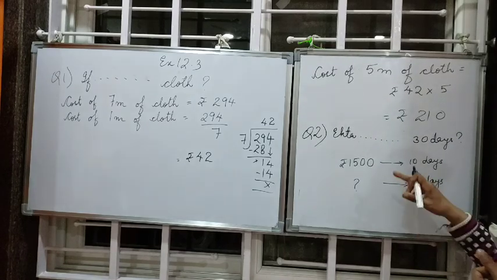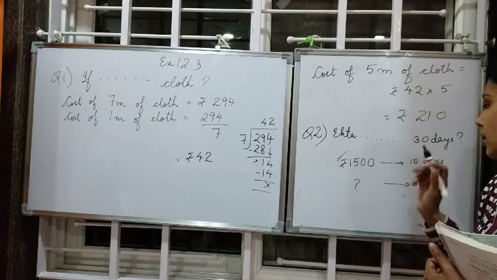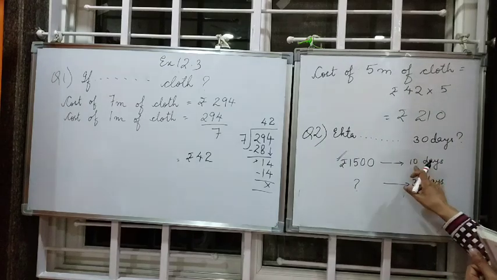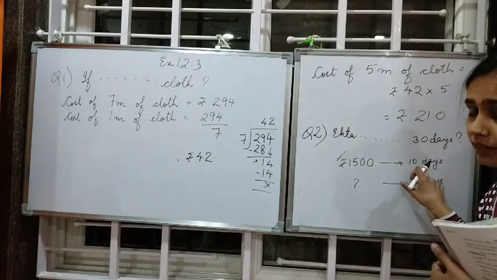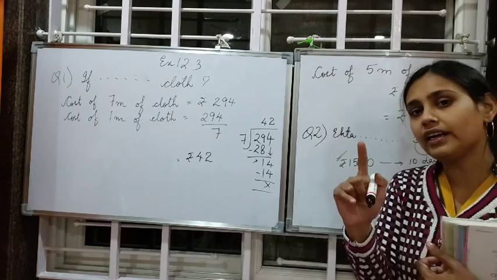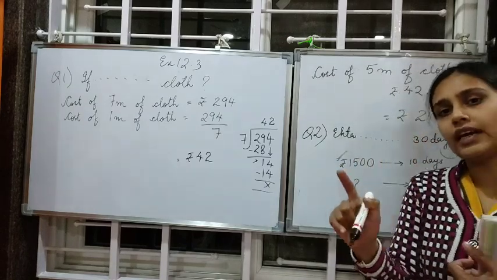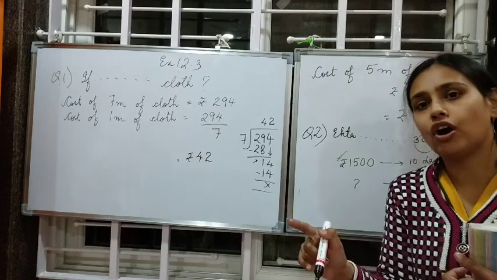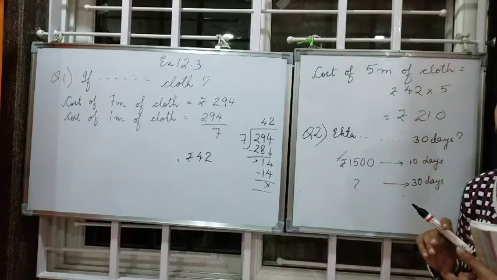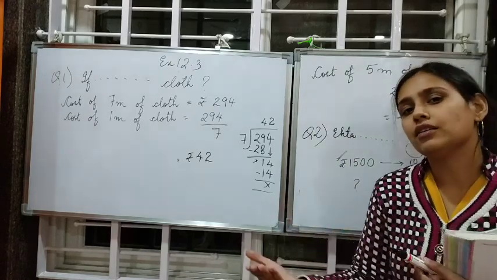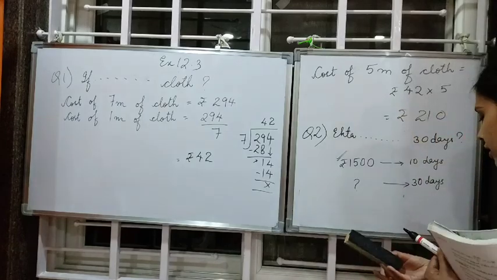So first, what is given is the money earned in 10 days. Then we have to find for 1 day. Then we'll write money earned for 1 day and then money earned for 30 days.